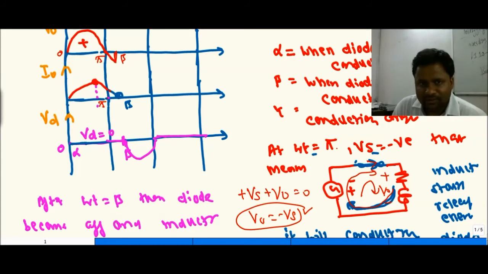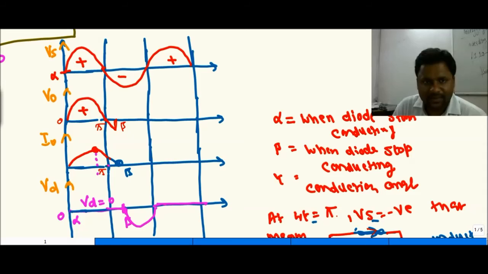So redraw the circuit again, make the circuit complete. It should be like this. Again at omega t equals 2 pi, the source is positive. The inductor having released the stored energy, it will force conduct up to angle 2 pi plus beta.